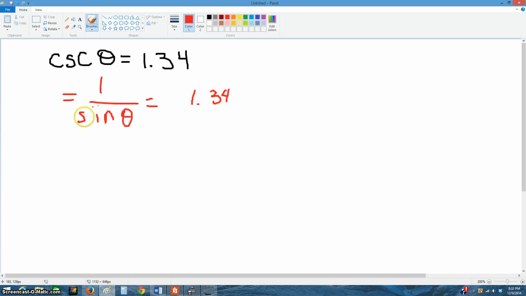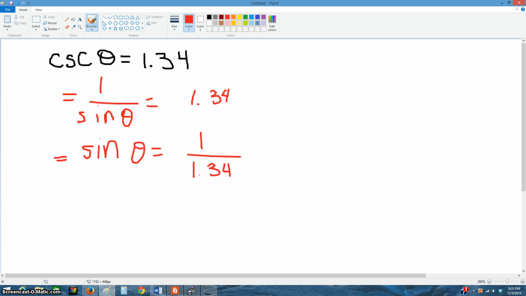And if we were to flip both sides, we would get sine of theta is equal to 1 over 1.34.